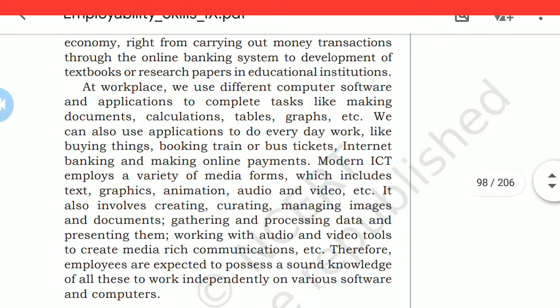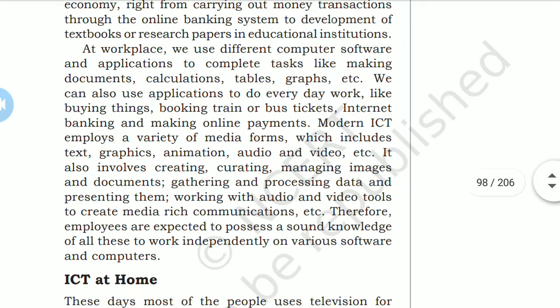Then we can also use applications to do everyday work like buying things, booking train or bus tickets, internet banking, and making online payments.